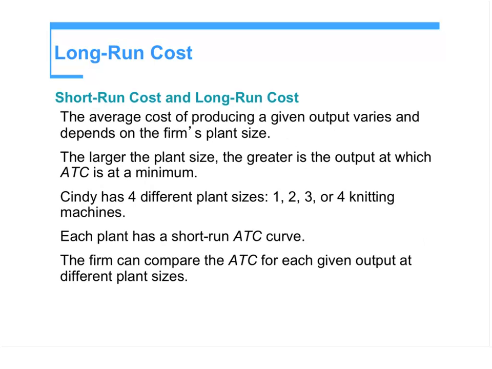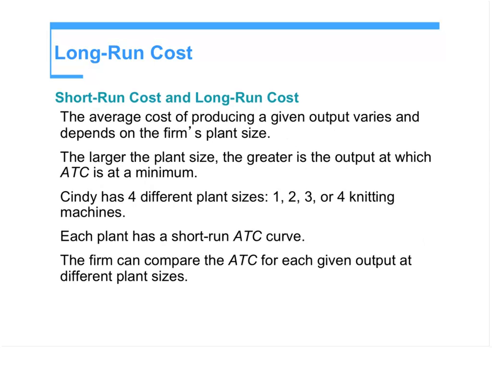So when you have a larger output, a larger plant size, and or capital, then you have a higher chance of having the average total cost being less than the output, so that means you're in the right direction.